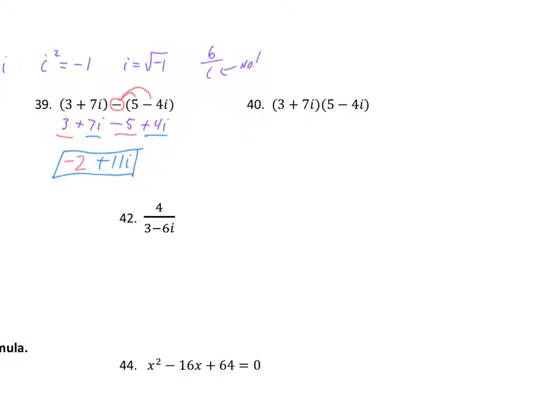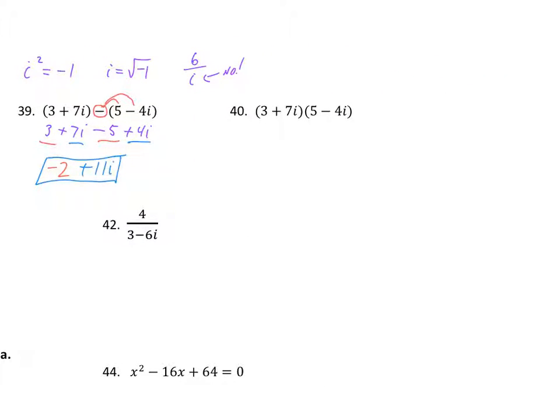Alright, this is a multiplication problem. So I'm going to use distribution. So 3 times 5 is 15. 3 times -4 is -12i. 7i times 5, positive 35i. And then 7i times -4i is -28i squared.